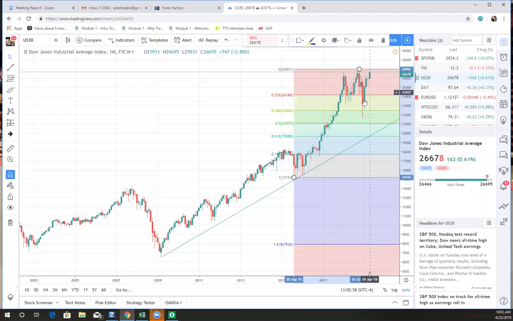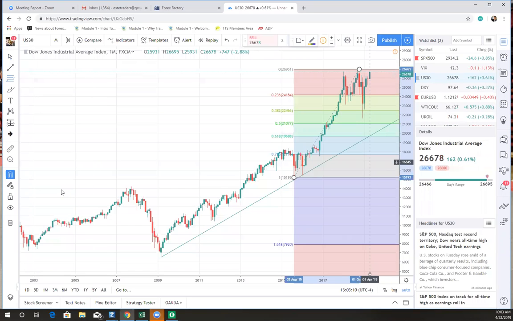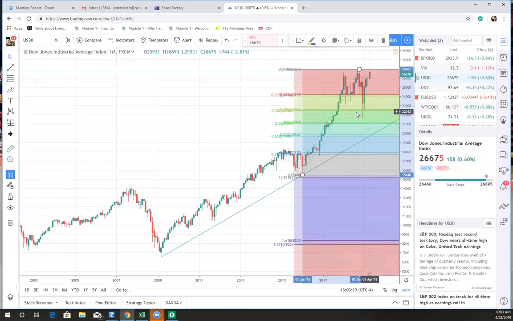23.6, 38.2, heading towards the 50th percentile. And if you're dealing here with levels of confluence, notice in terms of the confluence levels, 38.2 is very strong, almost close to the 50th.